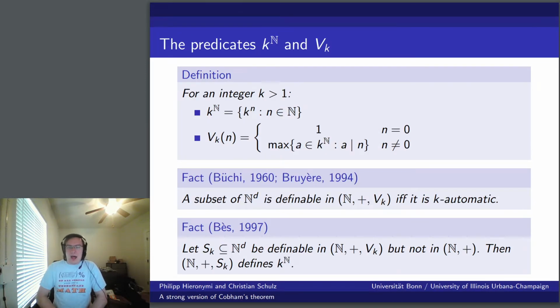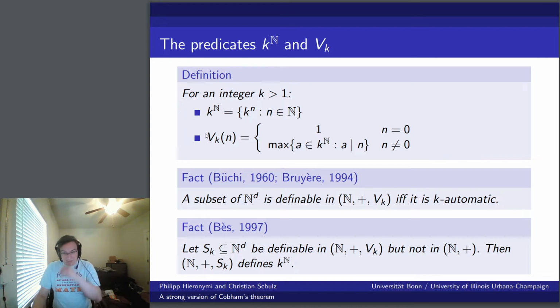So, when we're talking about k-automatic sets, it's helpful to have nice points to mark how tame or wild these can get. And so I'm going to define two predicates. One is k to the double struck N, and that simply refers to the set of powers of k.